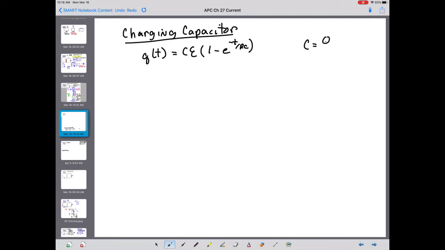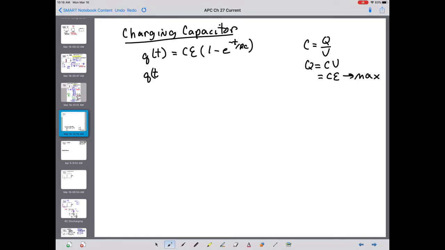C EMF, from our relationship C equals Q over V, so then Q would be C times V.